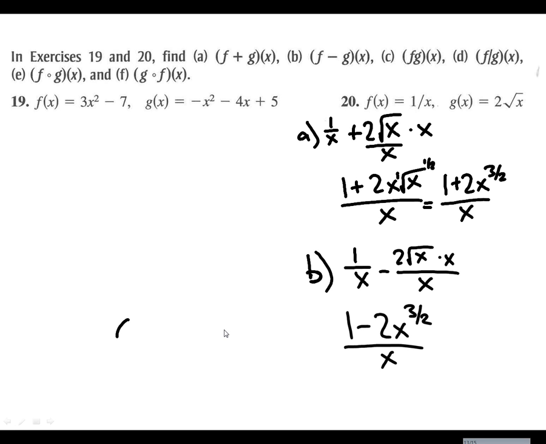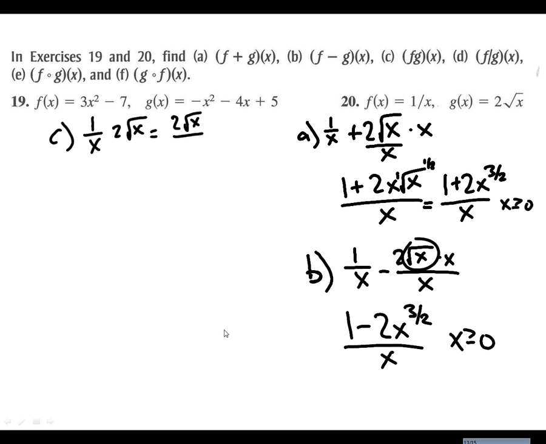On all of these, we need to say x has to be greater than or equal to 0. Why? There's a square root in these problems. So we got to make sure that that's there. Problem C, if we multiplied them together, we'd have 1 over x times 2 root x, which is 2 root x over x.